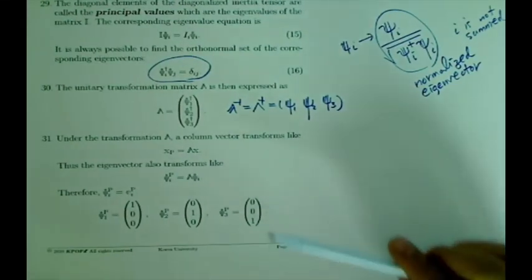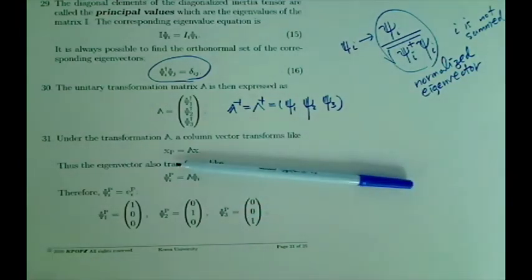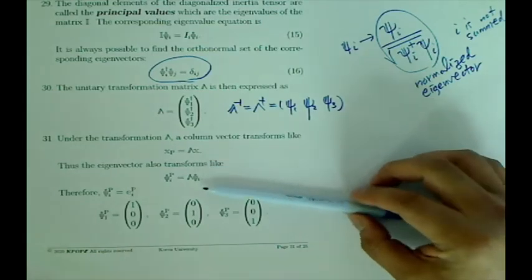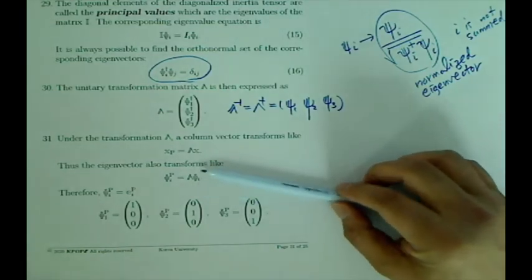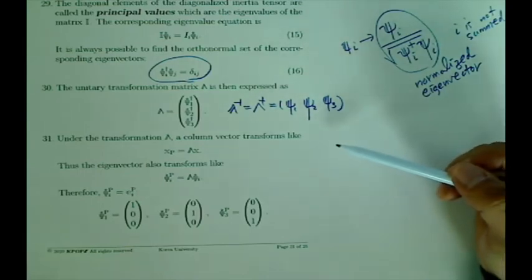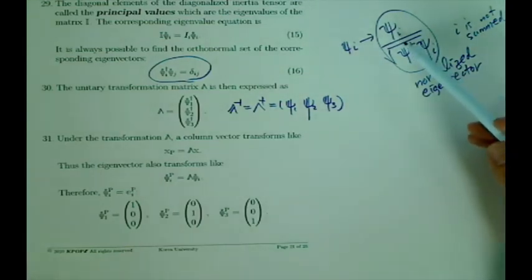Alright. The principal axis can be found by transforming this in the original coordinate system. Principal axes are just psi 1, psi 2, and psi 3.